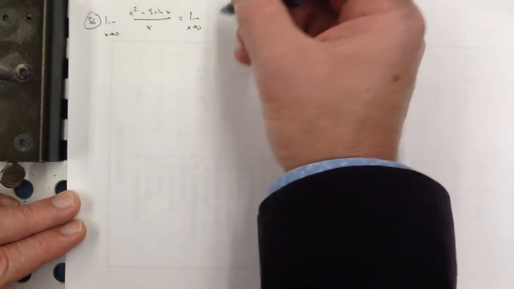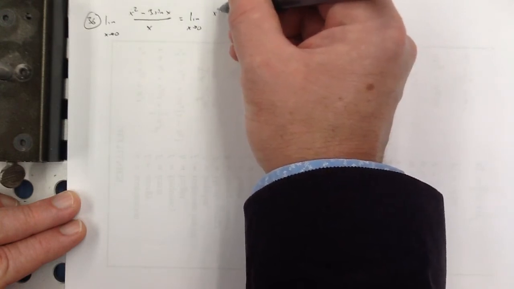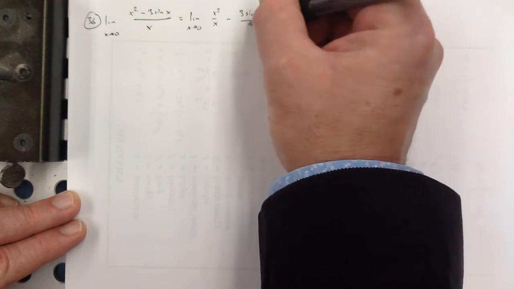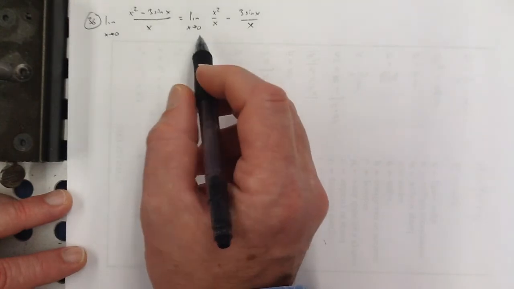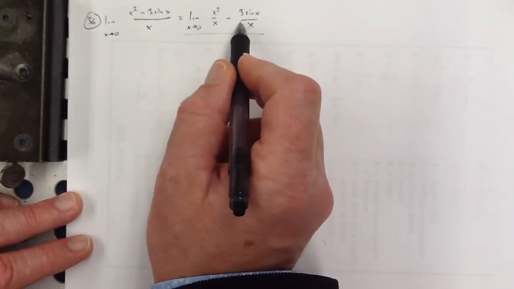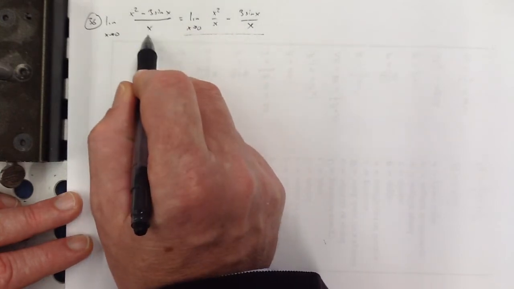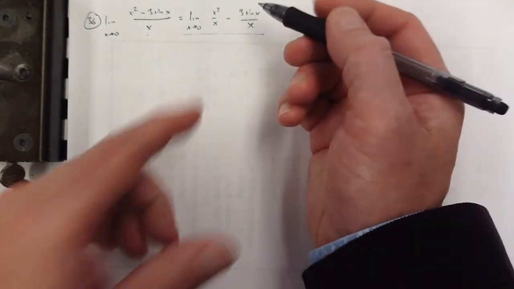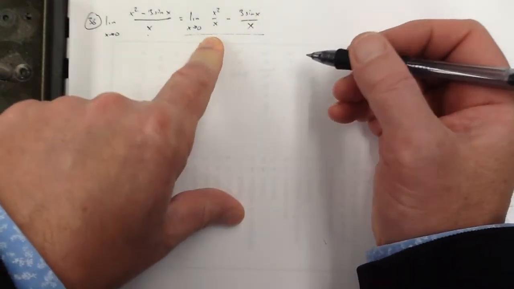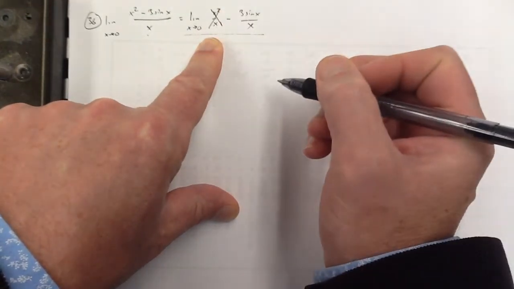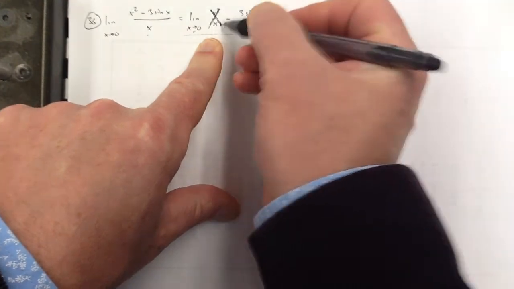Say that's x squared over x minus 3 sine x over x. Usually we're used to taking, probably more of our algebra training involves taking things like this, getting the common denominator and trying to put them together. But that's a two-way street, right? You can undo that. So x squared over x is equal to x, and as x approaches 0, that's equal to 0.